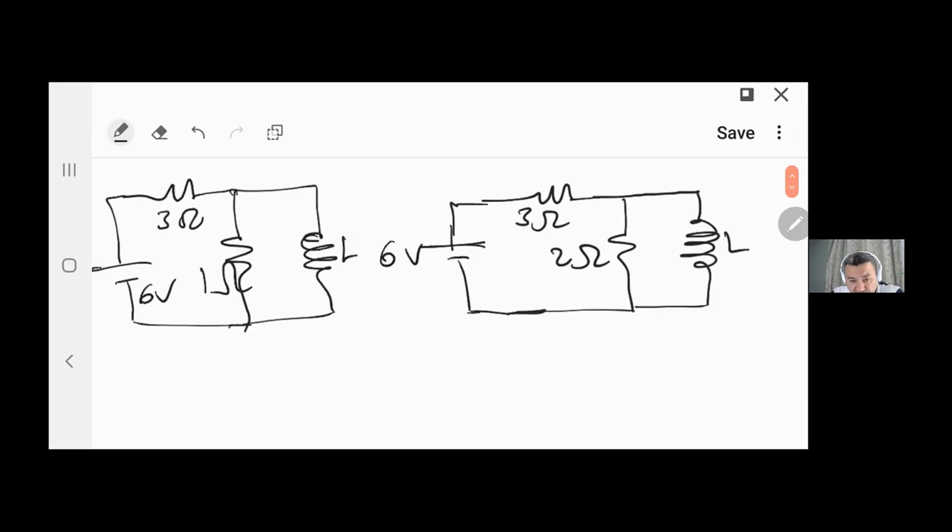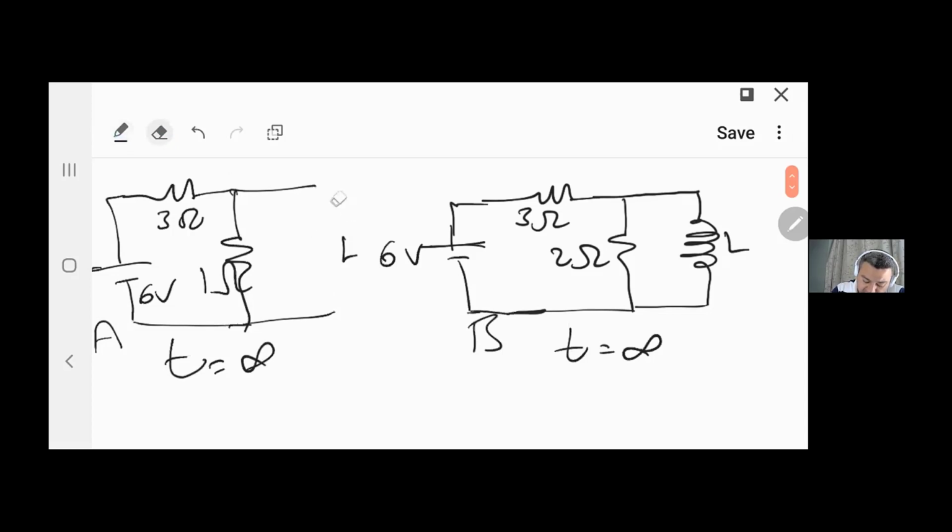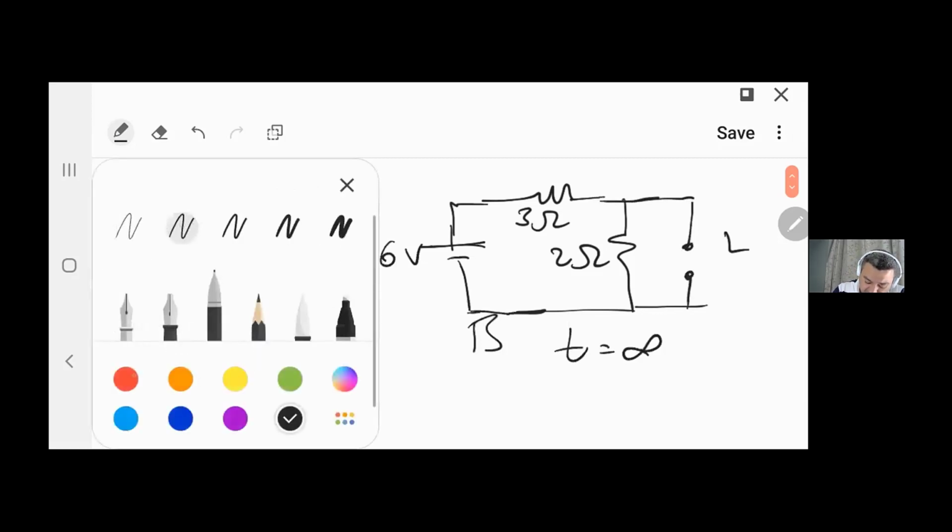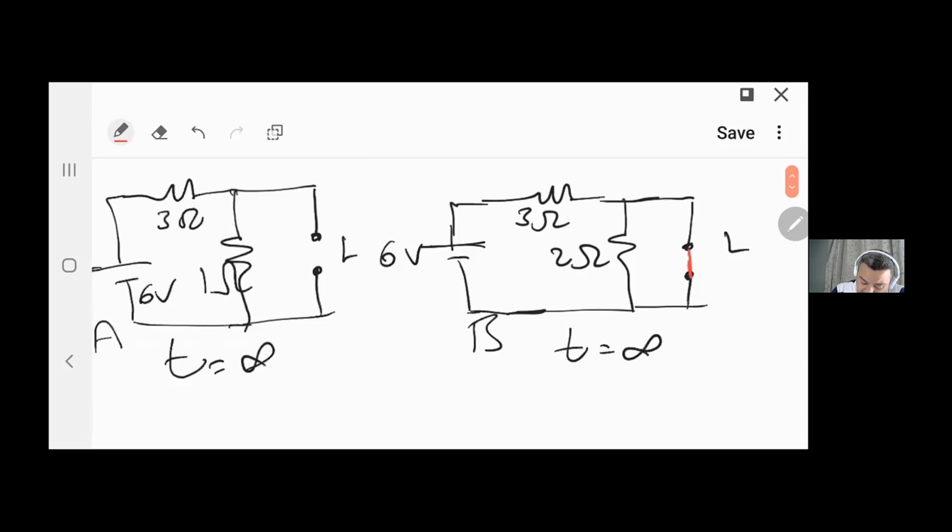If the switches are closed for a long time, then the inductor will be treated as a piece of wire, right? At t equals infinity for circuit A and circuit B, I can replace this inductor by a piece of wire. Why? Because I'm talking about time infinity.